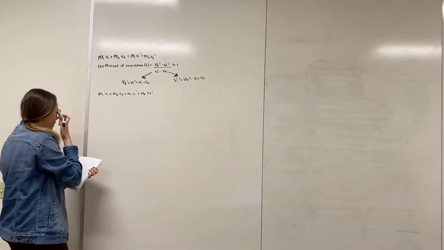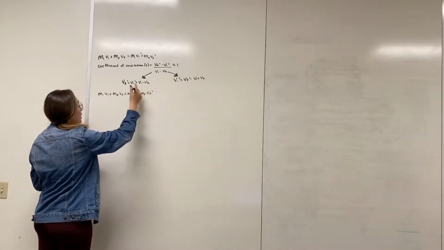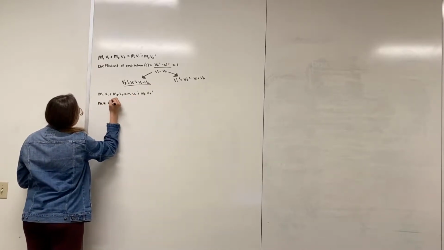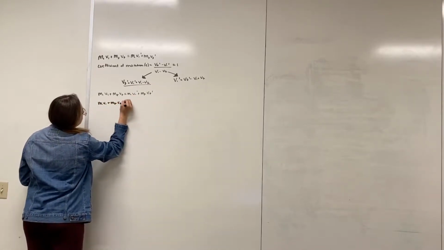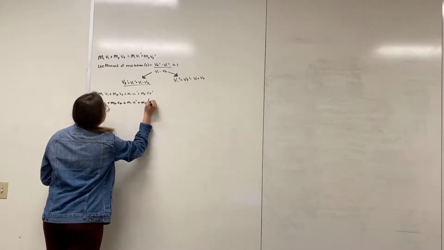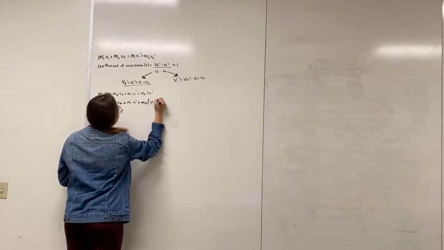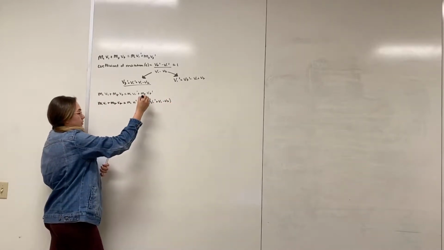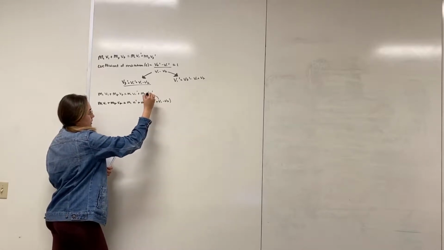And instead of v2 prime, we're going to input this. So we're going to rewrite it. Next, we're going to distribute m2 to these three values.